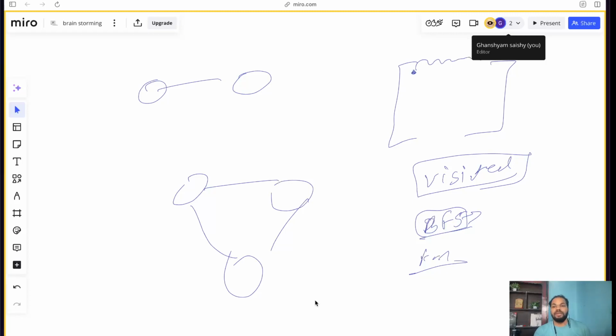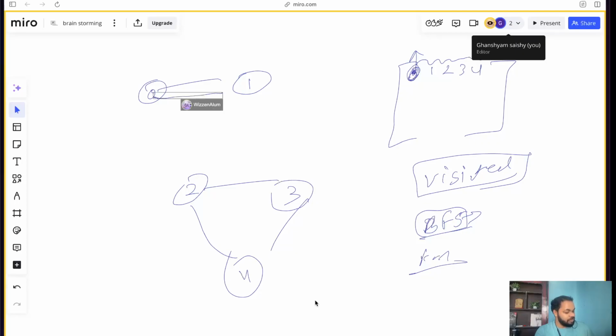We go to the first one, and then look for all the nodes linked to that. Suppose this is 0 1 2 3 4. We start with the 0th one, and then we do BFS on it.